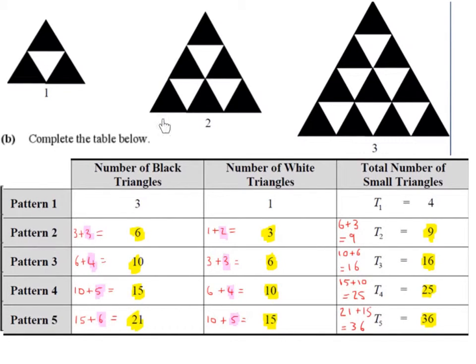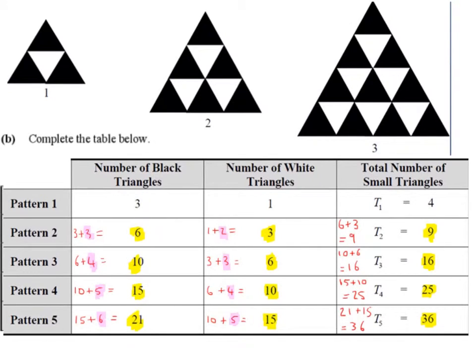In the second term, we have 1, 2, 3, 4, 5, 6 black triangles, and we have 1, 2, 3 white triangles. In the third term, we have 1, 2, 3, 4, 5, 6, 7, 8, 9, 10 black triangles, and 1, 2, 3, 4, 5, 6 white triangles.